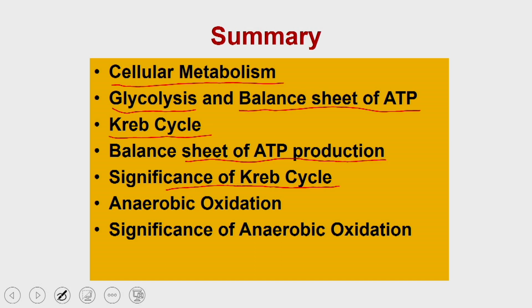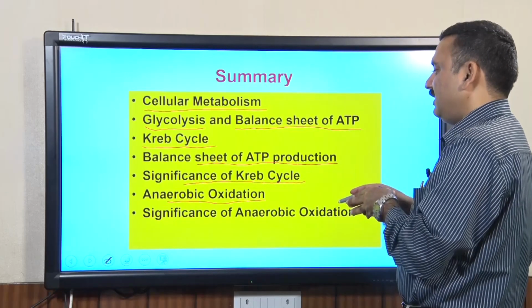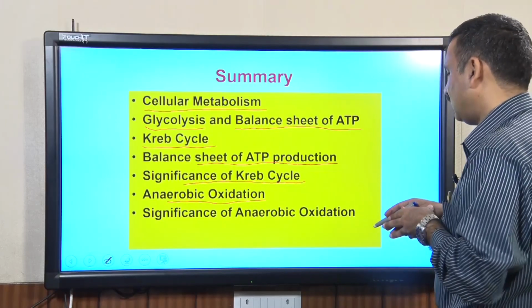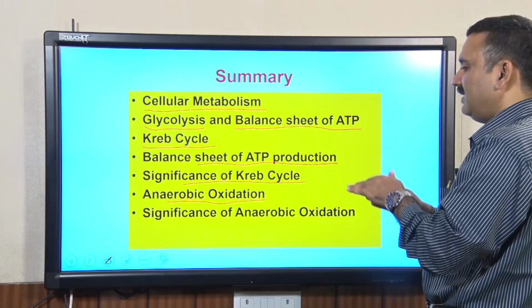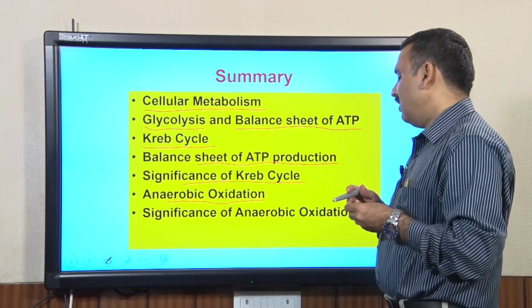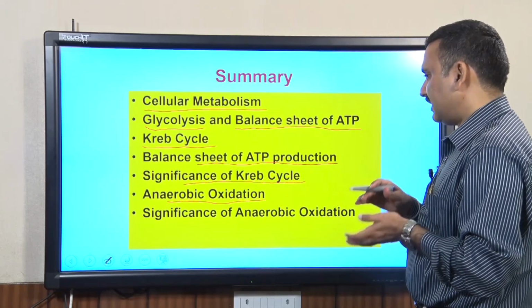And at the end we discussed anaerobic oxidation, which happens when there is no oxygen present in the environment, and the cell does not go through the Krebs cycle or oxidative phosphorylation, but goes through anaerobic oxidation to regenerate NAD+. We also discussed the significance of anaerobic oxidation in terms of cellular physiology as well as industrial relevance.